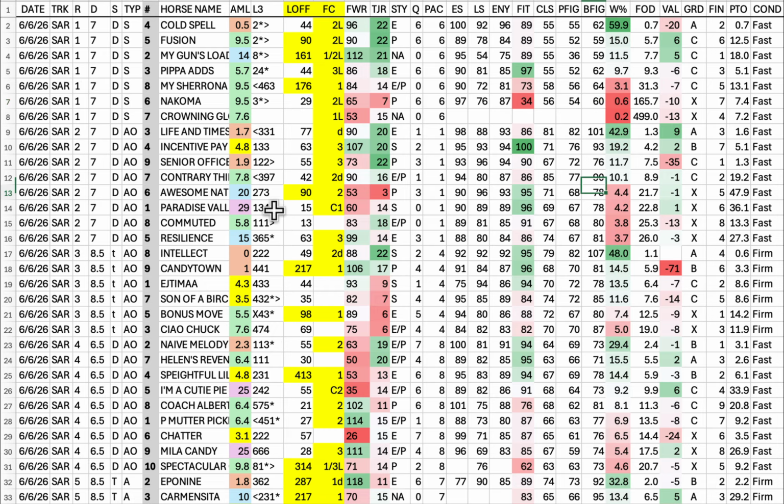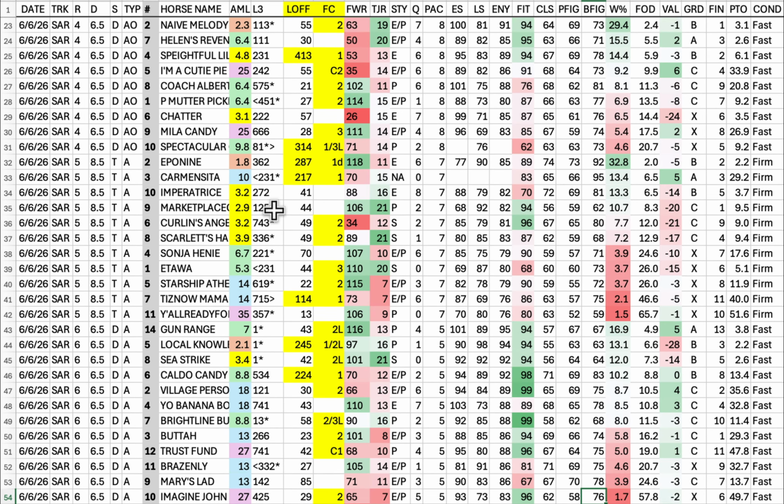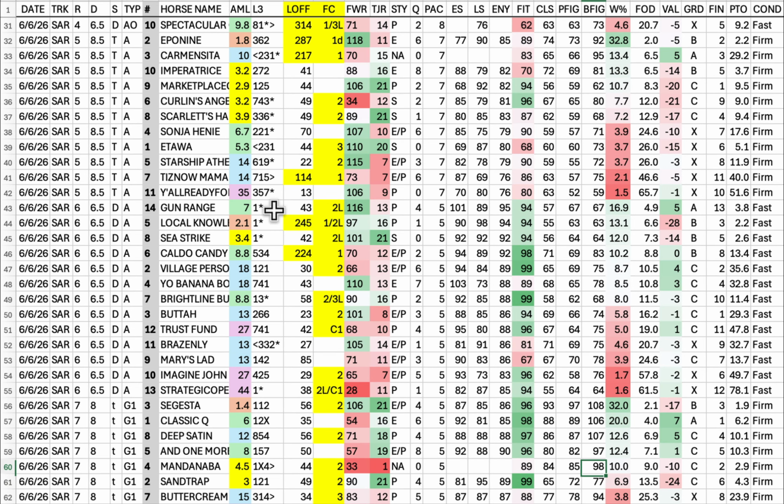But for example, and it's interesting to look at. Now, Intellect was the favorite and has a great BFIG, but if you look down, I think there's an example down here. Yeah, this one here. Mary's Lad. So Mary's Lad, we'll talk about the letter grades later, but you can see that Mary's Lad has a lower percentage chance of winning than Brazenly, but doesn't get an X. And that's probably because of this BFIG of 78.